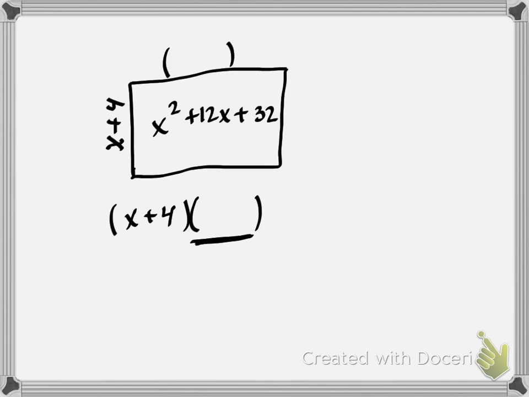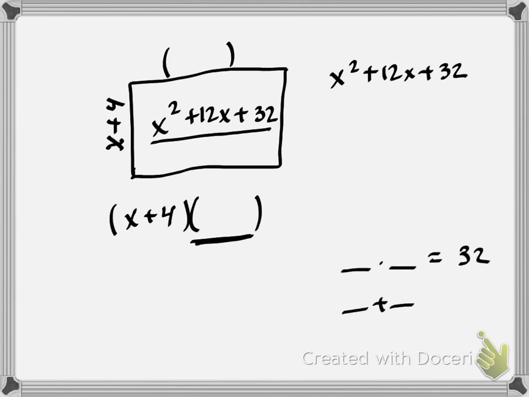I would just do the problem. I would come off to the side here and factor that like we've done in the past. So we're looking for two numbers that multiply to 32, and those same two numbers have to add up to 12.